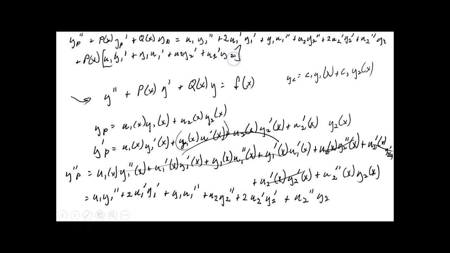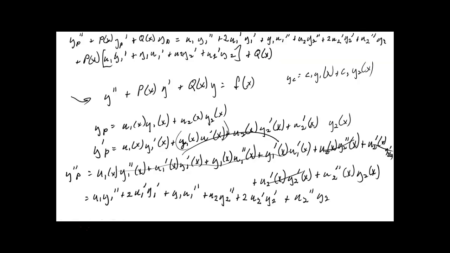Plus q of x times y sub p, which is u1 y1 plus u2 y2. And that's all supposed to be equal to f of x.